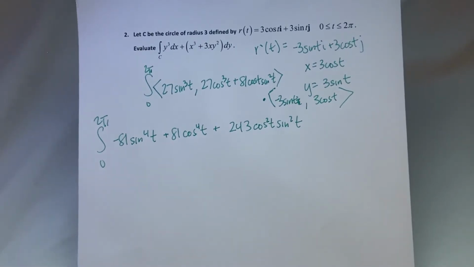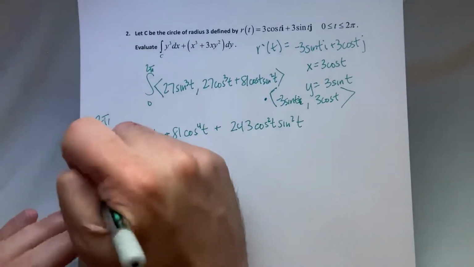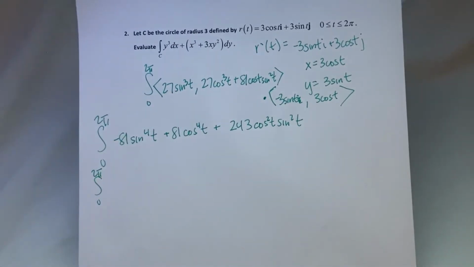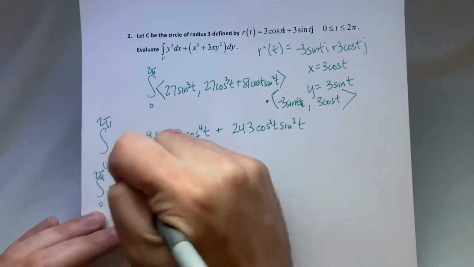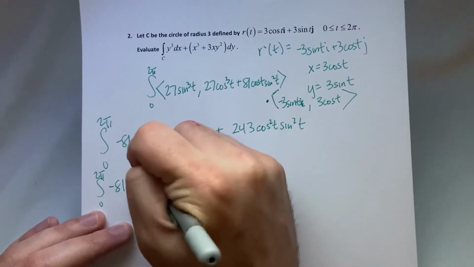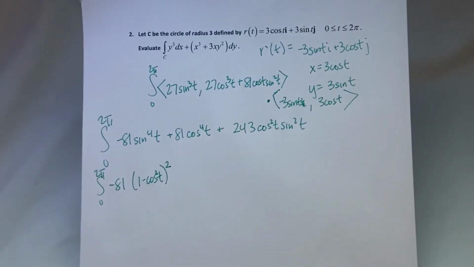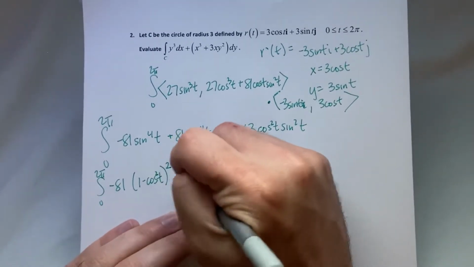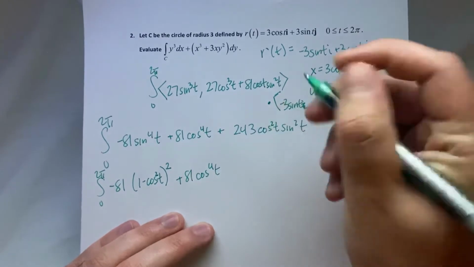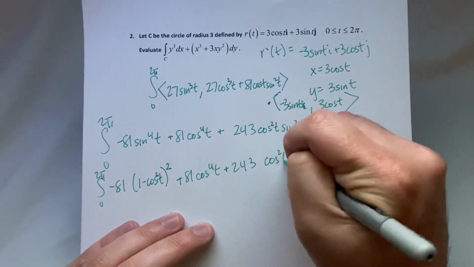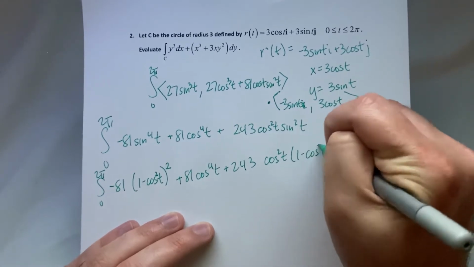So let's see if we can convert everything to one term. I'm going to go all to cosine. So sine to the fourth is 1 minus cosine squared, squared, plus 81 cosine to the fourth t plus 243 cosine squared t times 1 minus cosine squared t.